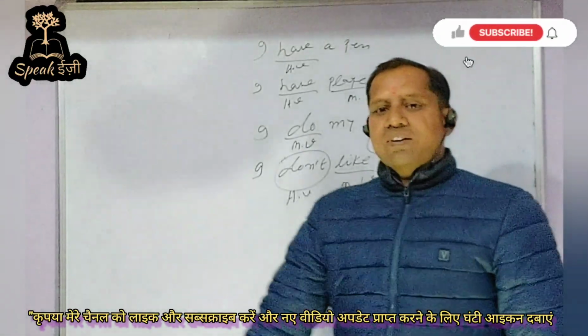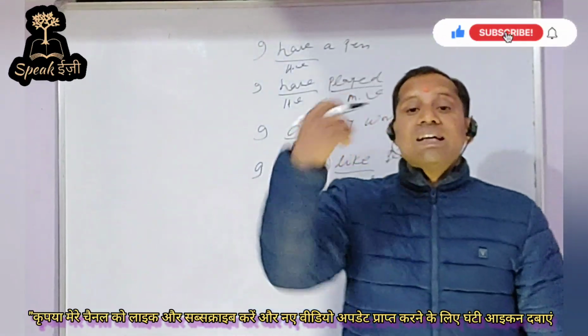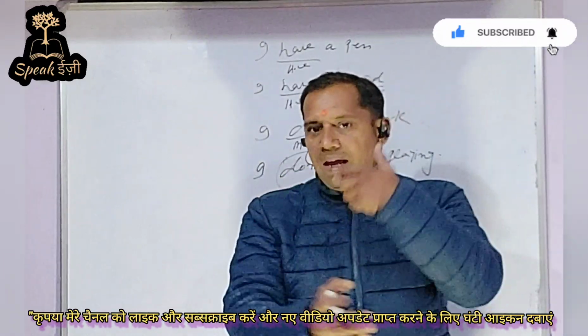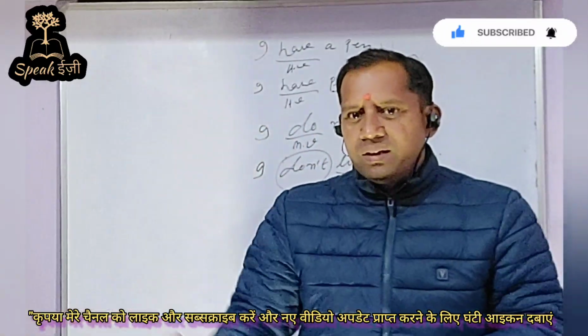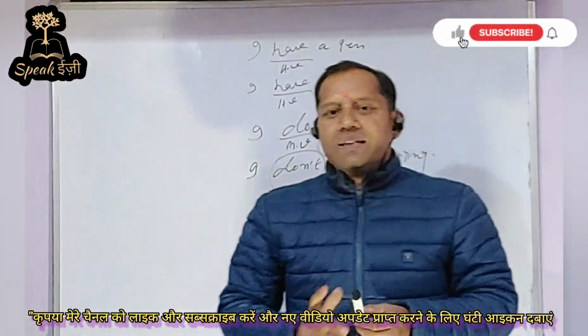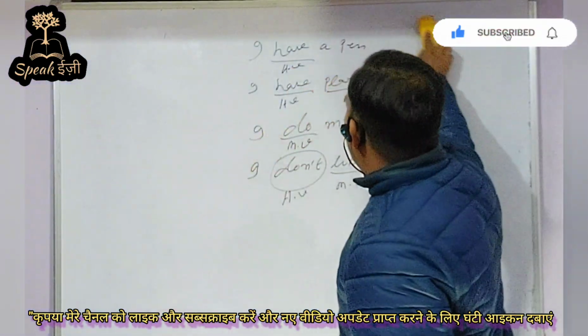This is the basic difference between the helping verb and the main verb, and it tells how sometimes these primary auxiliary verbs behave as the helping verb and when they behave as the main verb. I think this idea will be very clear to you. So let's proceed further.